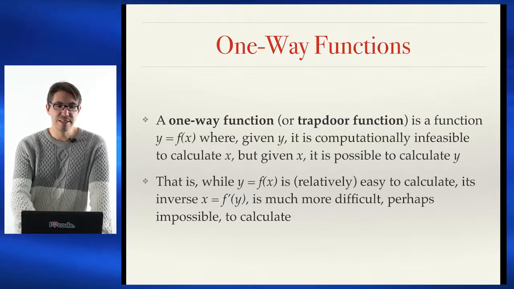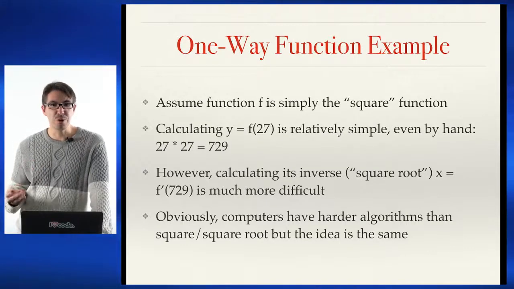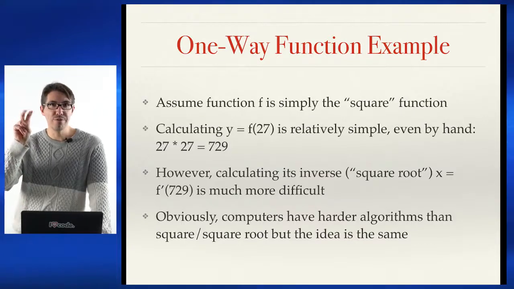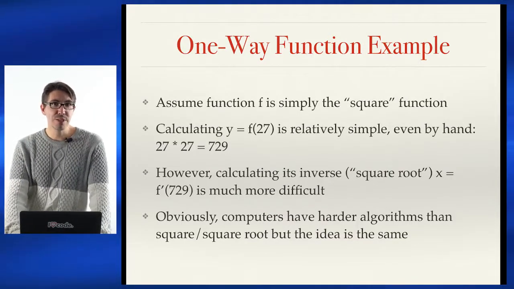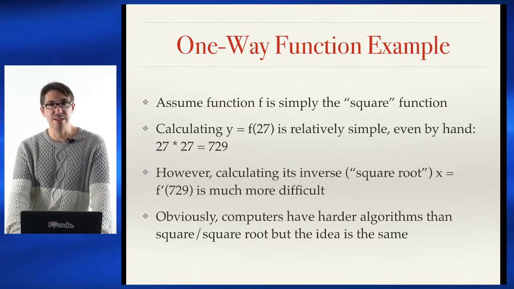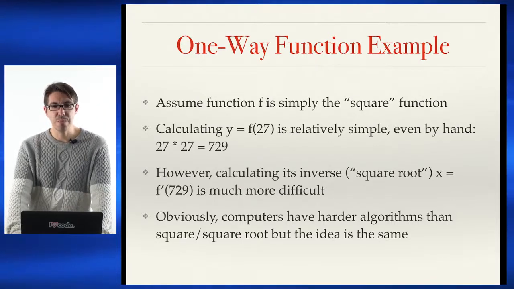So just as an example, looking at this not as a computer, but rather as a human, assume that our quote-unquote one-way function is the square function. So y equals f of 27, it's relatively simple for you to do, even by hand. 27 times 27 equals 729.